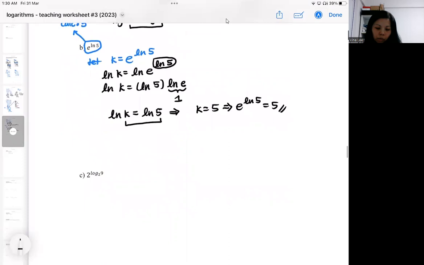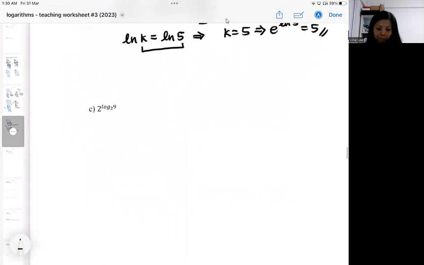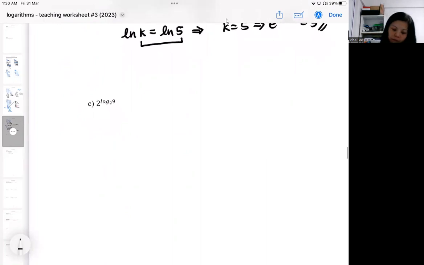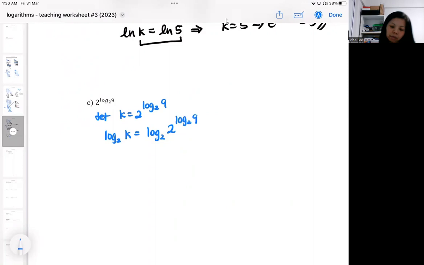Okay, but maybe this one we can't directly punch, but I'm going to use the same method. Let's see whether it works or not. So again, I'm going to let K equal to this. In this case, I am going to introduce LG 2. I'm not going to introduce LG or LN.